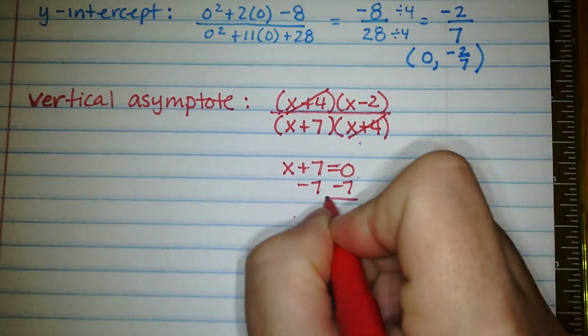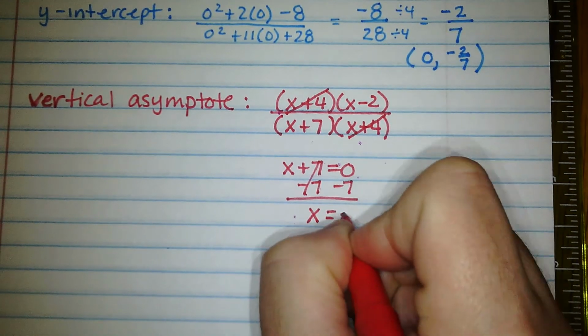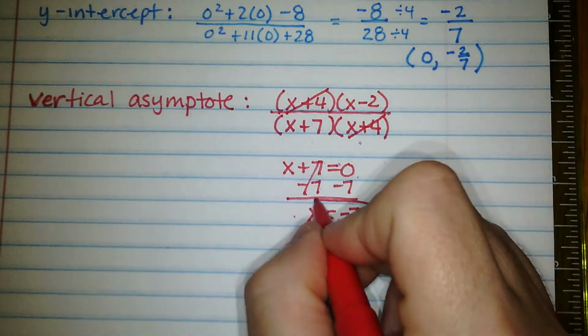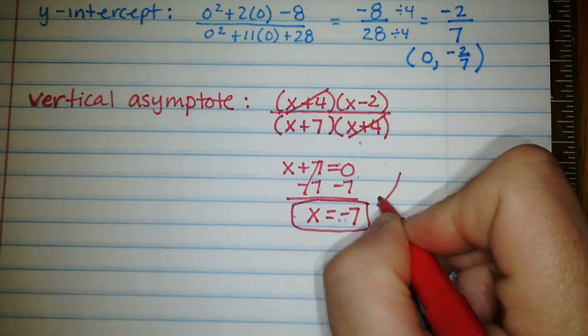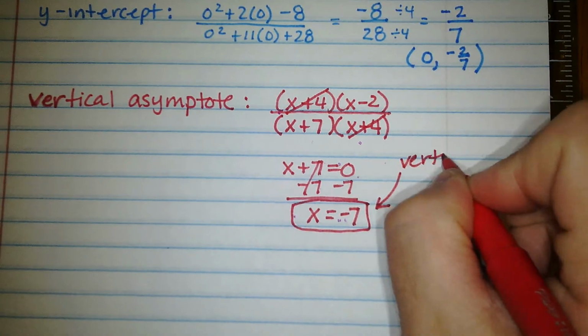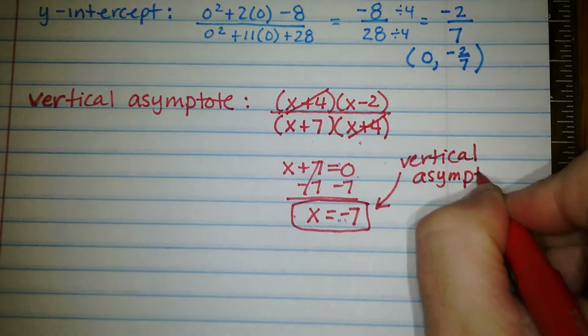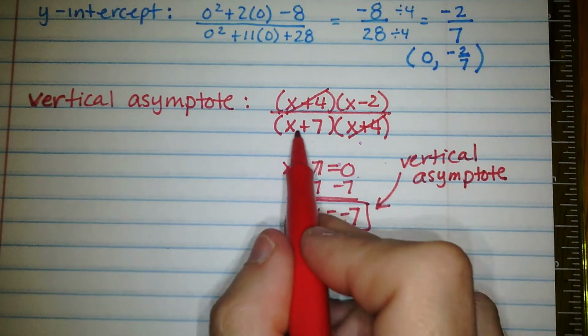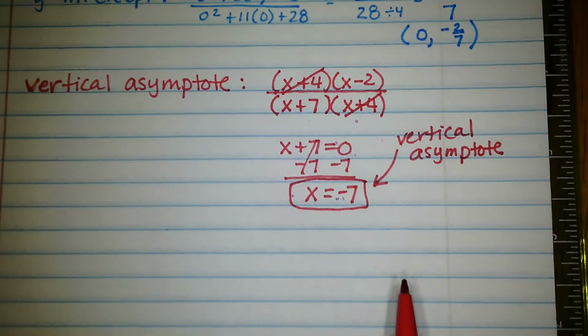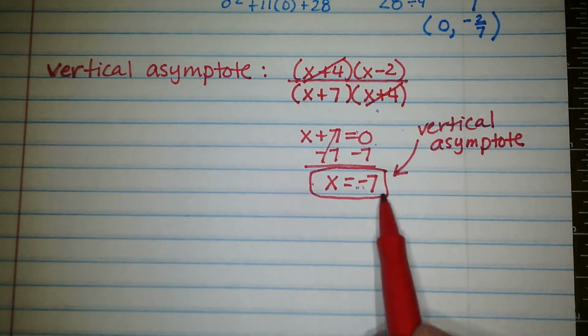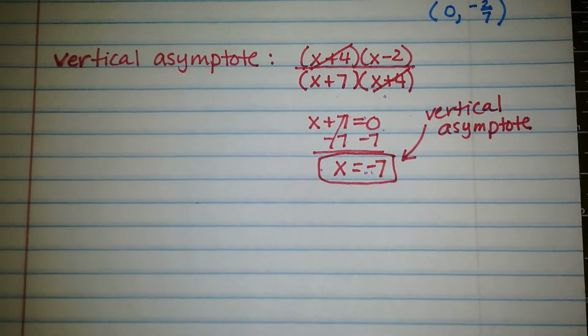And this is my vertical asymptote. This is the leftover piece after we reduced. That's the only one left. And there it is. Boom.